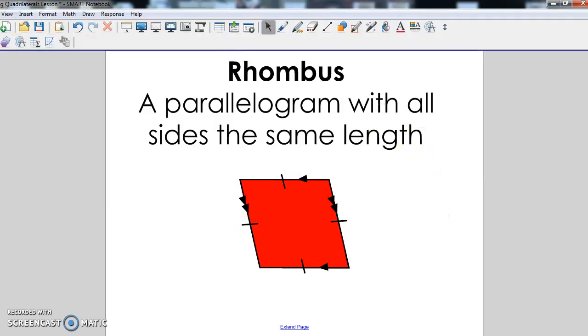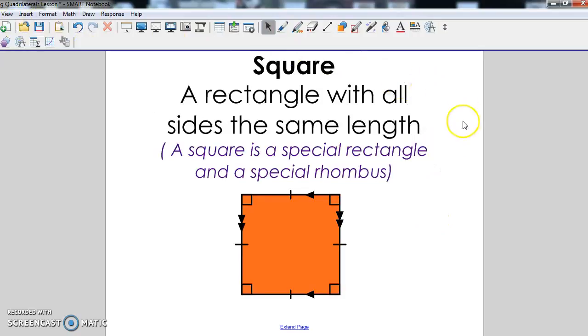Okay. Then we have a square, which is basically a rectangle with all the sides the same length. So a square is a special rectangle and a special rhombus, which were both special parallelograms. So the square has four 90-degree angles, all four sides are equal, and opposite sides are parallel.